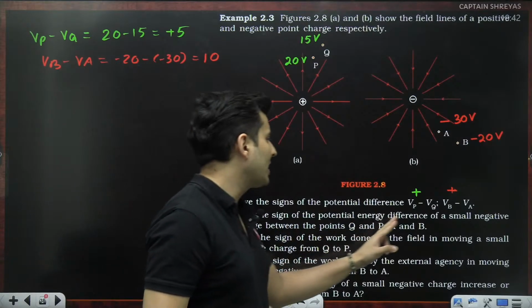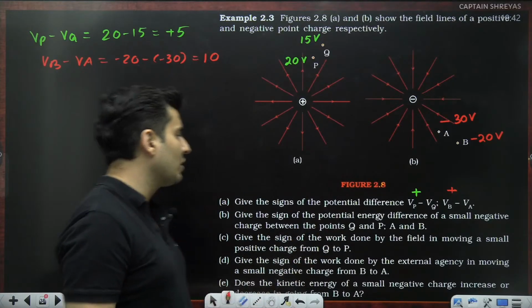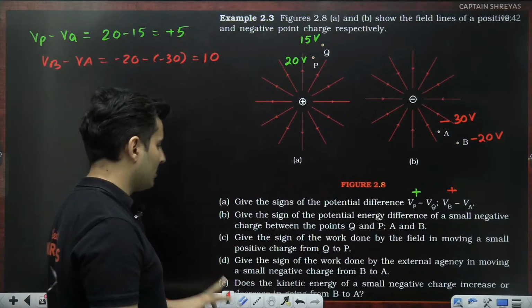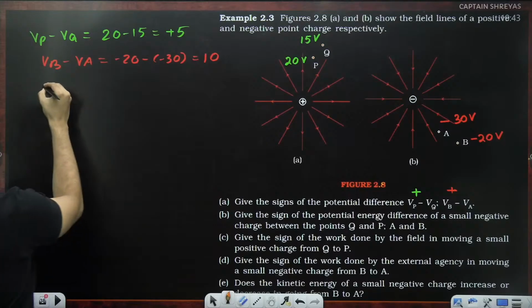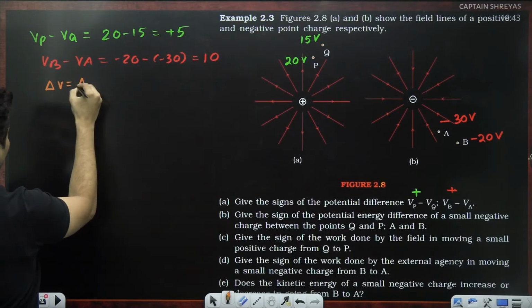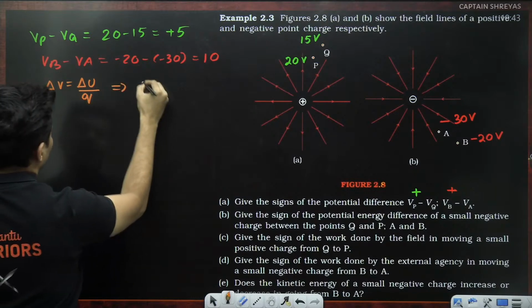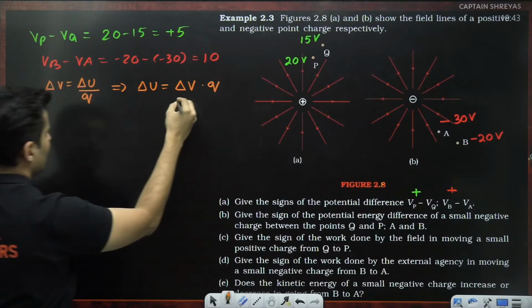Give the sign of potential energy difference of a small negative charge between the points Q and P and A and B. See guys, if you remember the formula, it will be easy. Delta V is delta U by Q. That means delta U is delta V into the charge.